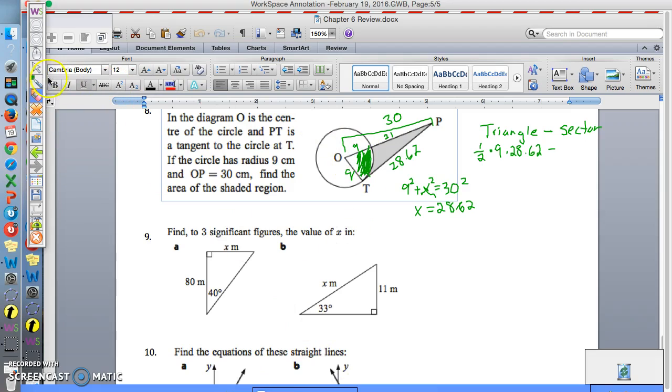We need to find angle O. But it's a right triangle, so I could say that the tangent of O equals 28.62 over 9. So we could do that inverse, and we end up with O being 72.5 degrees.